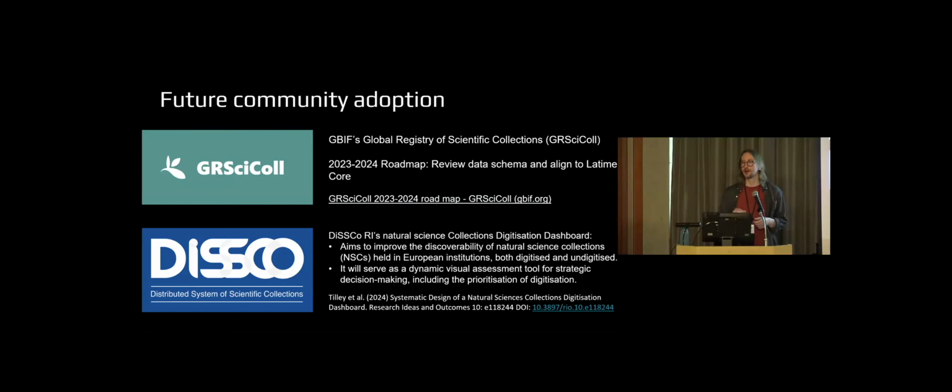It's already implemented. It's an old slide. This was from earlier in the call. So Latimer Core is already implemented in GeoCycle, and DiSSCo is also aiming to use Latimer Core for creating structured information and also for programmatic strategic planning about how we're prioritizing digitization and research across Europe.